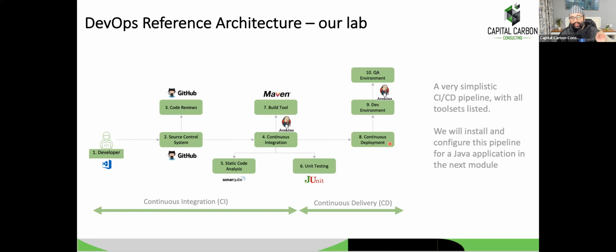And then at step 8, you are ready to do the continuous deployment. You deploy onto one environment, maybe onto a higher environment. And this is a very simplistic CI/CD pipeline with all the toolset listed. We will also set up all of these tools and the pipeline for a simple open source Java application.